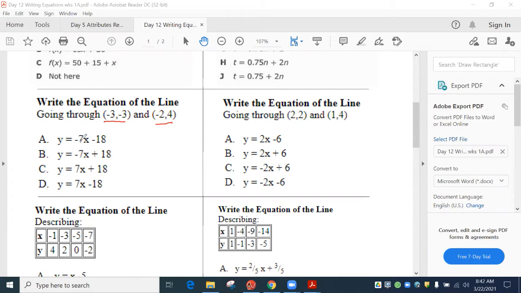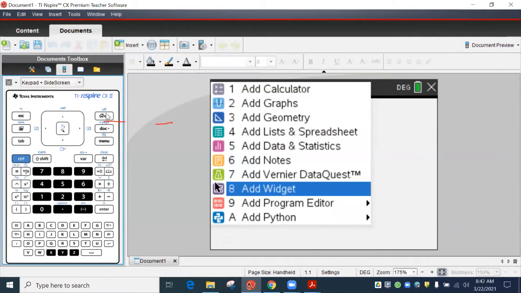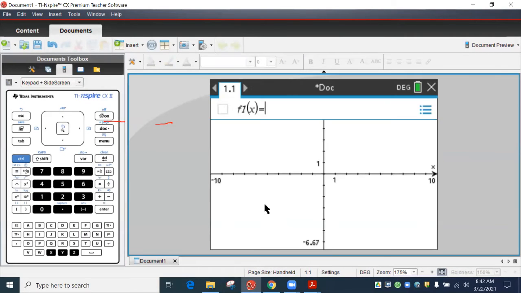All we got to do is type these in and check and see which of these contain both of these points. And if it contains both of these points, that's our answer. But you got to check both points. All right, so we got our y equals. We're going to plug in A into the calculator. So we're going to go to graph. Anytime we have y equals, that's a graphs thing.